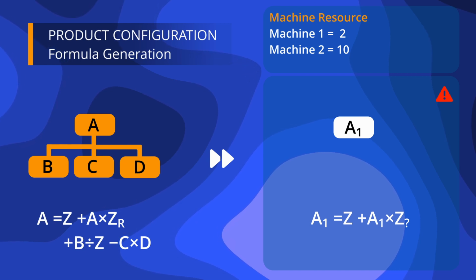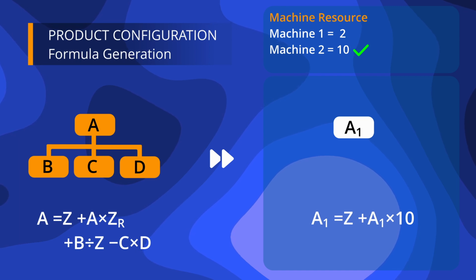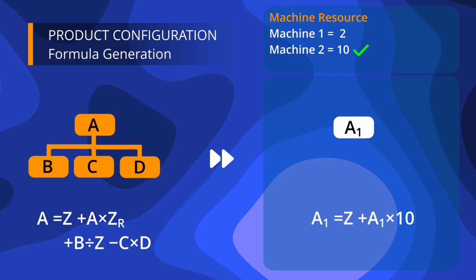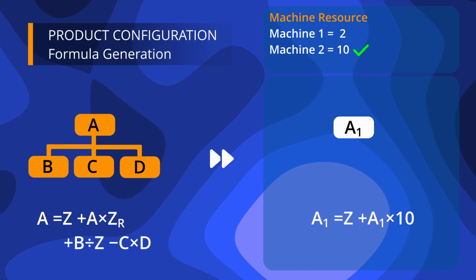If we select machine 2, then the attribute value is obtained from the chosen entity and the formula can be generated. Using resource item attributes in your formulas is the most intuitive way of customizing your products because it feels closest to the way that a bill of material works. In plain English, you're saying that this product uses machine 2 in its manufacture process, whereas another product uses a different machine.